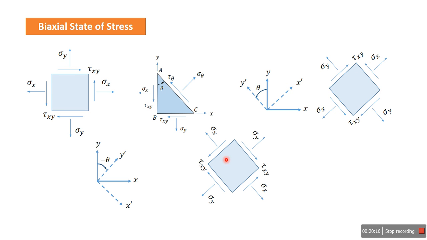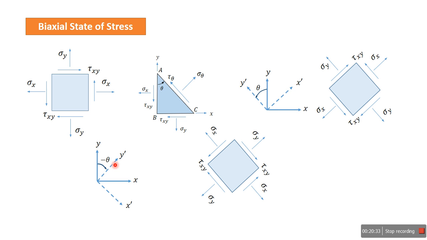We have the different values, and if we rotate this so that this y becomes like this, it means we have rotated the axis in the negative direction.